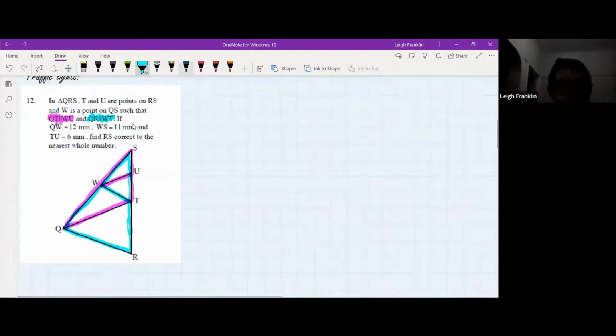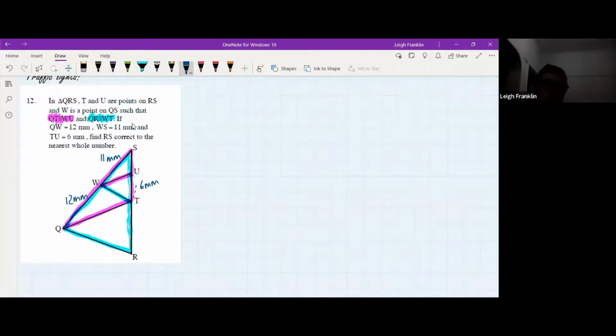More information that's been given to us. QW is 12 millimeters. Okay, so they're giving us lengths. WS is 11 millimeters. Let's pop that on. TU, that's this little bit over here, and it's equal to 6 millimeters.